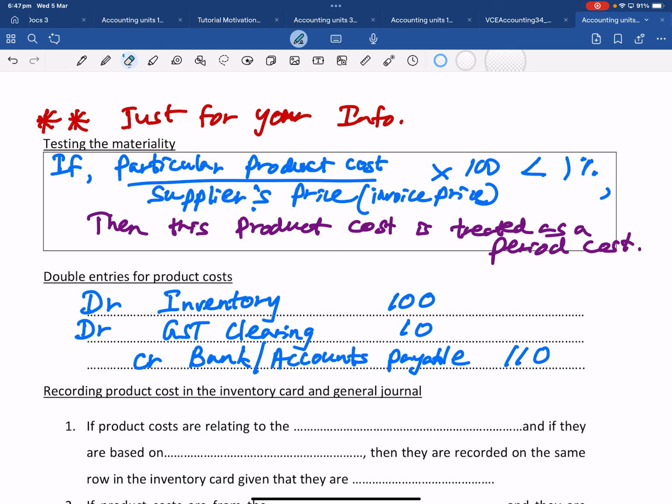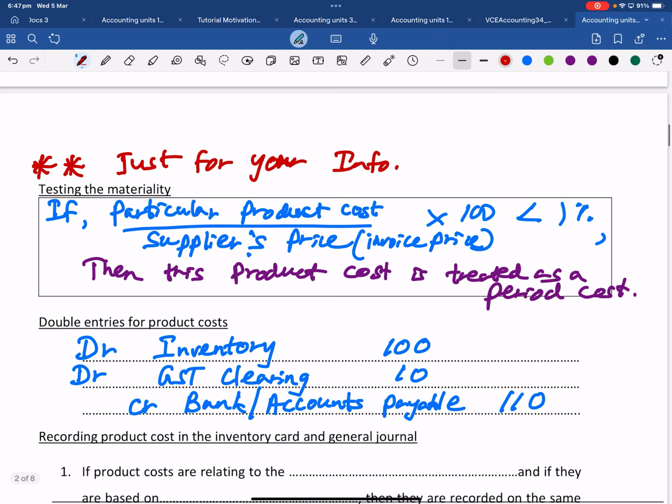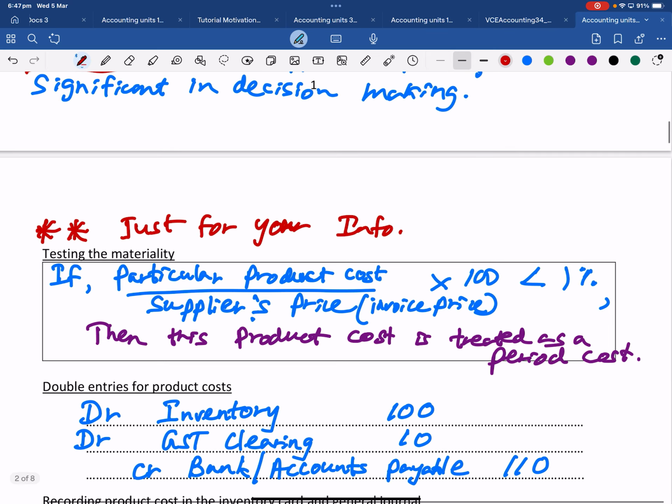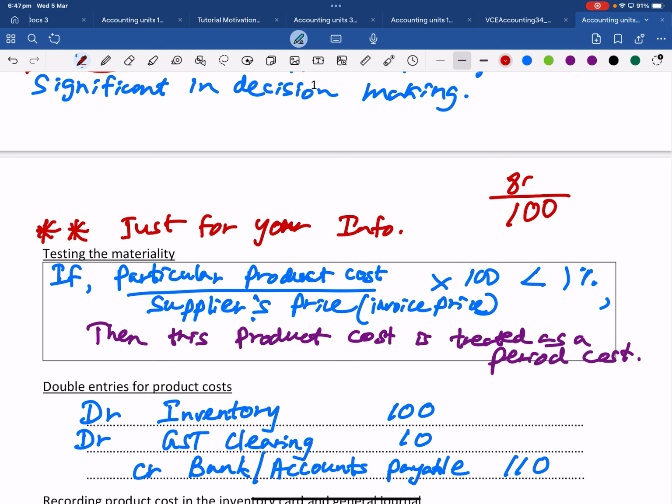Let me give an example. Let's say we are purchasing a textbook, and we are getting a package. The textbook's purchasing price is $100, and the packaging cost is 80 cents.